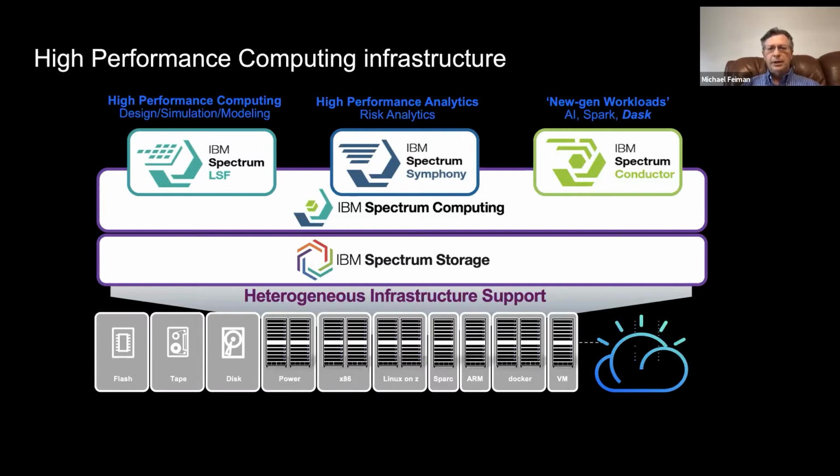We have batch with LSF, SOA with Symphony, and now Conductor is bringing new technologies such as Spark and currently Dask into this grid environment. We will be talking more about this onboarding of Dask and the challenges I listed before.